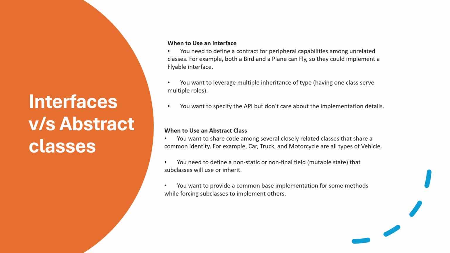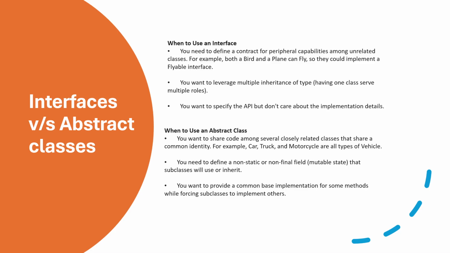Second scenario is when we want to leverage multiple inheritance of type, having one class serve multiple roles. And another consideration is when we want to specify the API but don't care about the implementation details. So in all of these cases, we choose to define an interface.